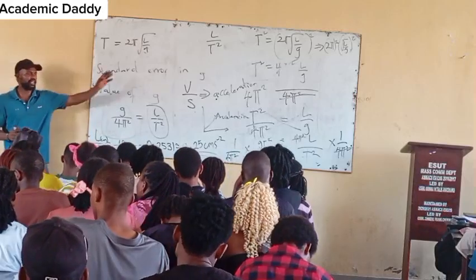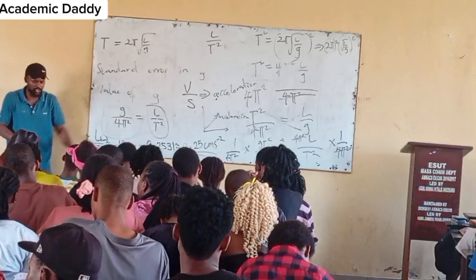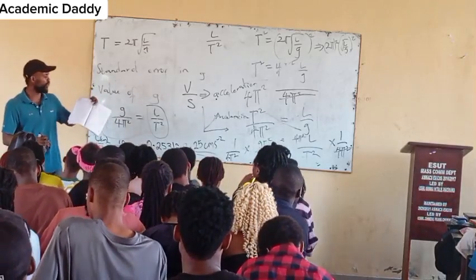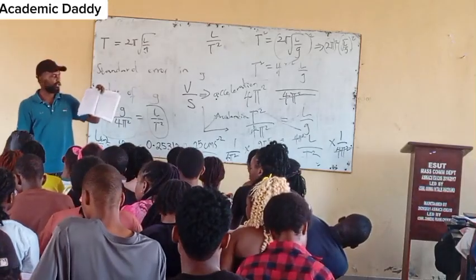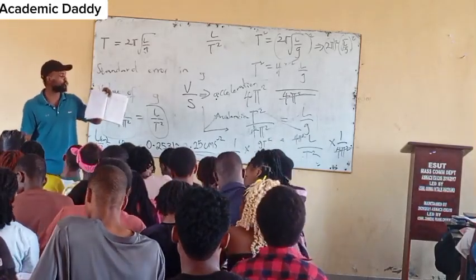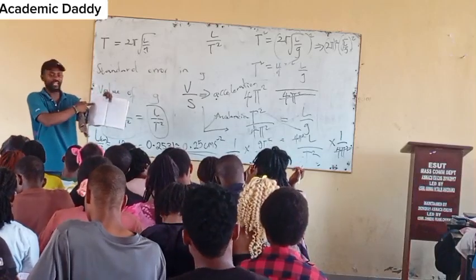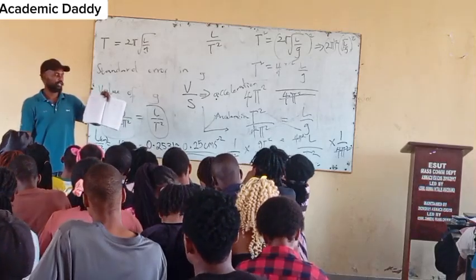See, you put your graph now, you get your slope, and you answer that question. There's an equation here. Transform the equation T equals 2 pi root L over g and determine the slope of the graph. Then, hence, calculate g.